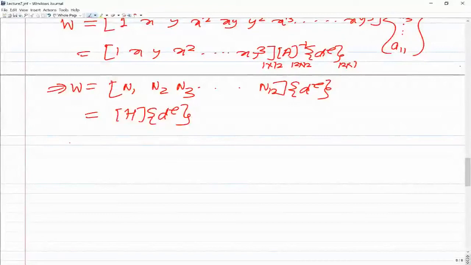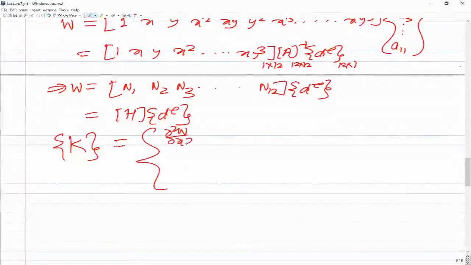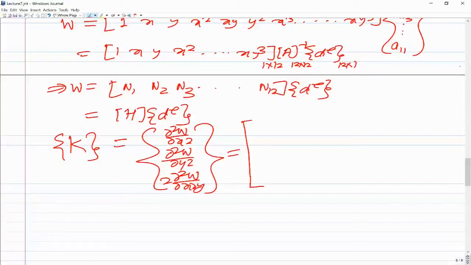I am denoting that by curvature kappa. So this will be equal to del 2 W by del x square, del 2 W by del y square, and twice of del 2 W by del x del y. This can be written as, so you have this matrix over here, and this side you will have de, the vector of elemental degrees of freedom. Because W is in terms of N1, N2 up to N12, you have simply the derivatives of those.